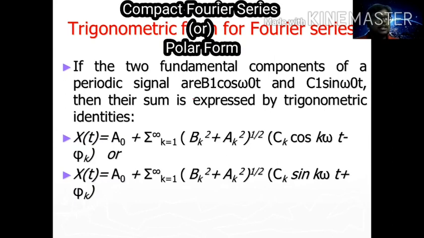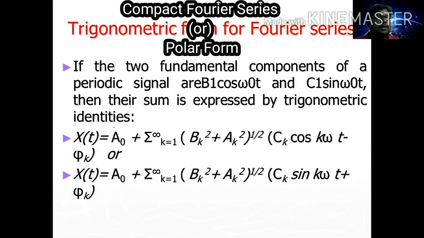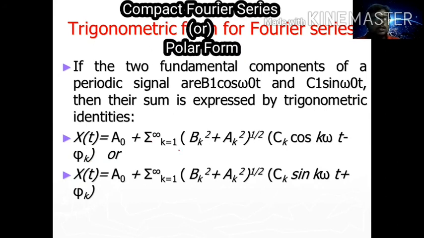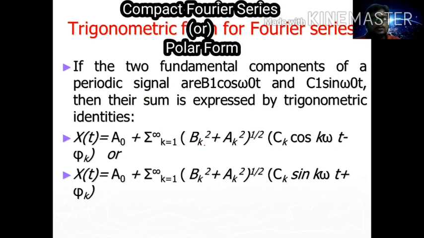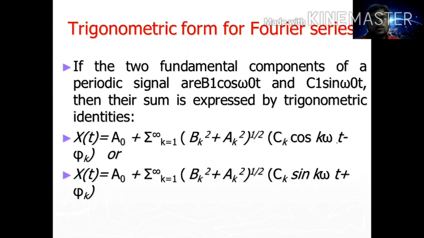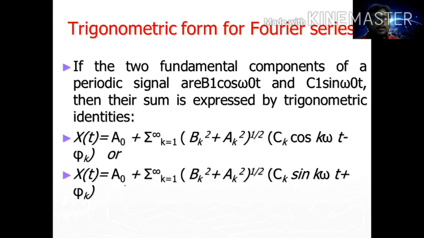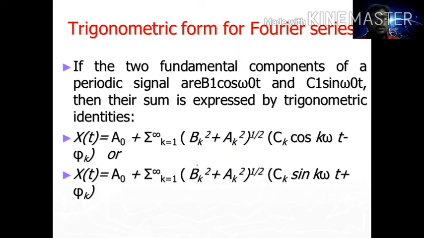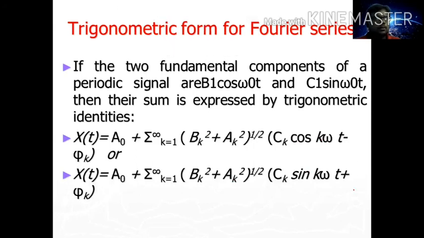So suppose if you want to add these two, it can be expressed by trigonometric identity formula. So x of t equal to a0 plus summation k equal to 1 to infinity. So here you write down square root of bk square plus ak square. So for that I represent 1 by 2. Okay, ck cos k omega naught t minus phi k phase angle. Or you may write down a of 0 plus summation k equal to 1 to infinity square root of bk square plus ak square, so ck cos k omega naught t plus phi k.